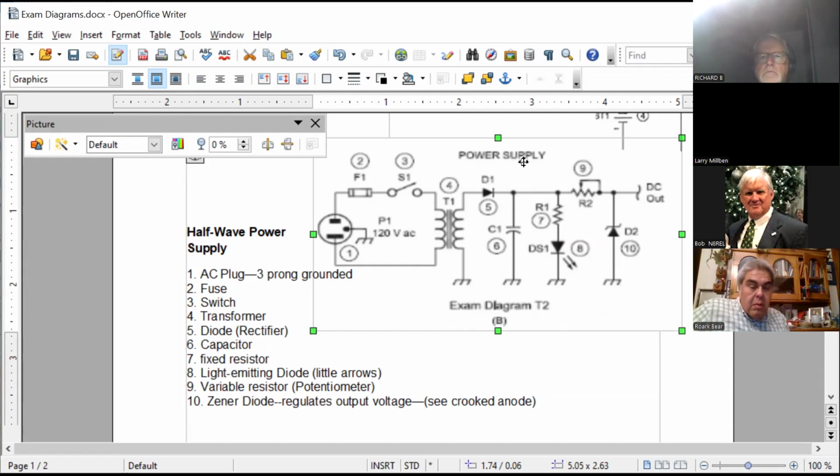Doesn't help us too much. However, that's where the capacitor comes to the rescue, because the capacitor, when it gets the positive hump, will charge up, and when there's a negative hump or a negative flow, it will push up and make it a little straighter. So it fills the gap.